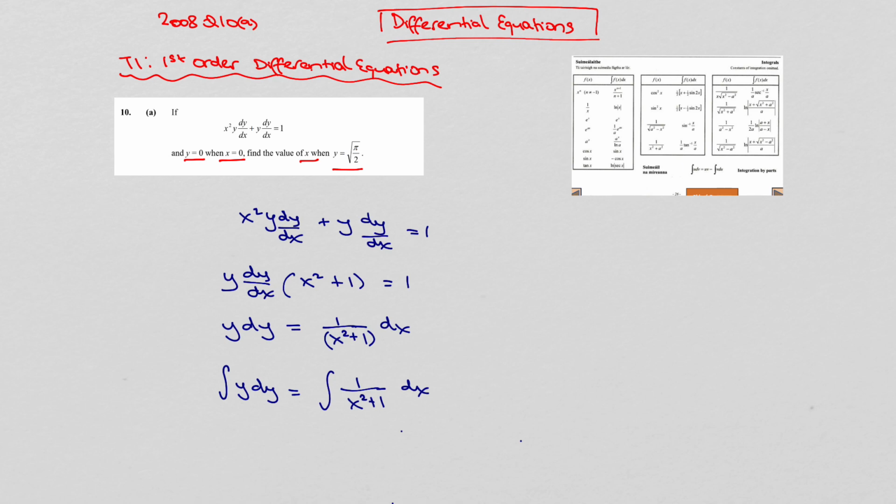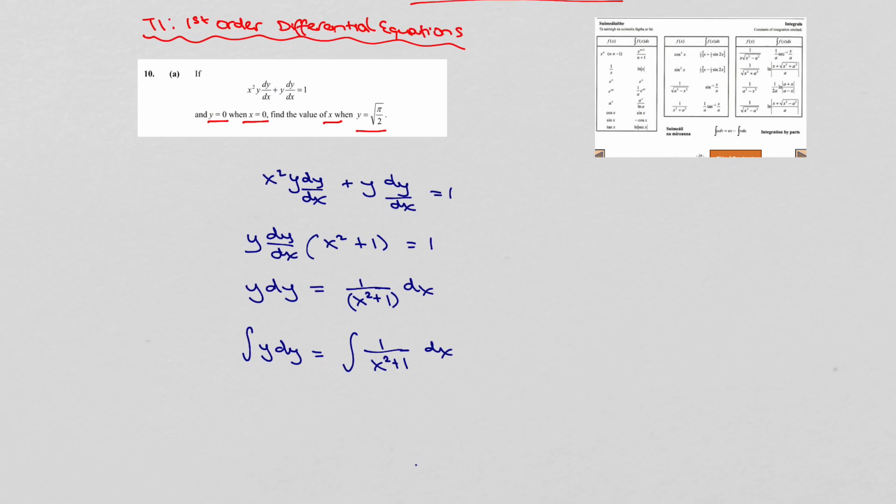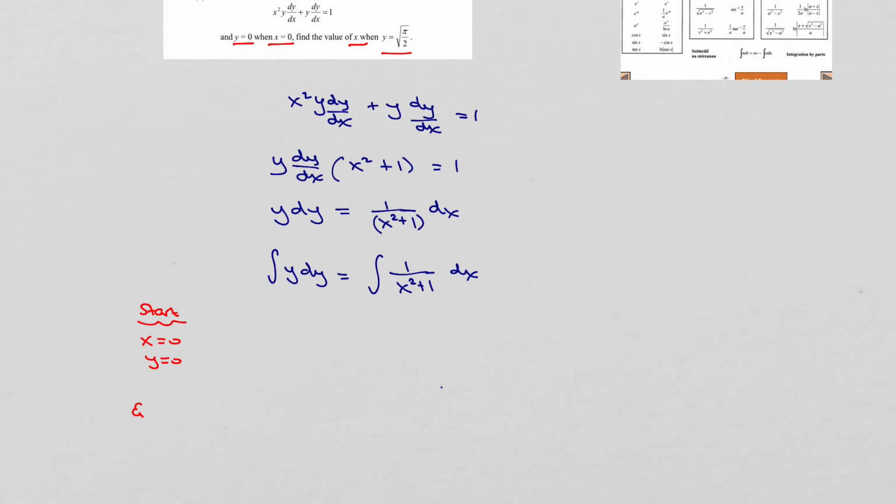So we have to set up our limits. At the start, we know that x is equal to 0 when y is equal to 0. And at the end, we're looking for what is x when y is equal to root pi over 2.